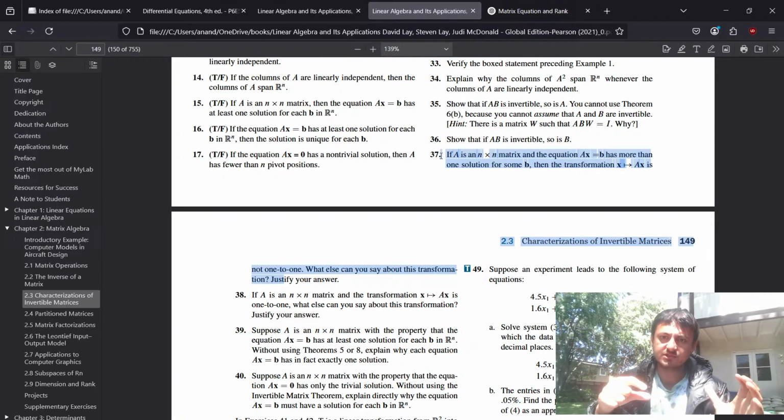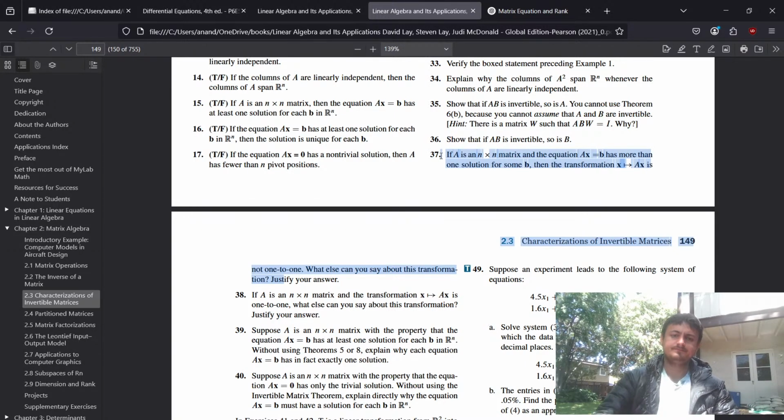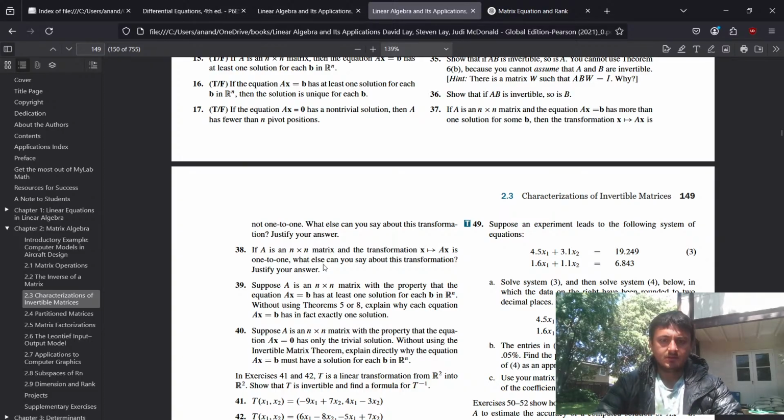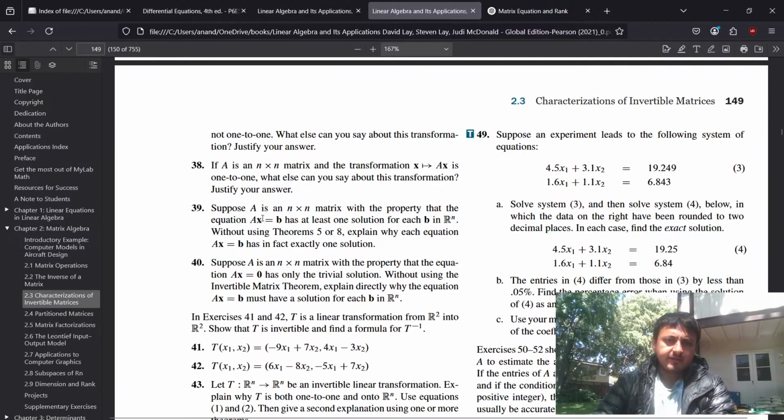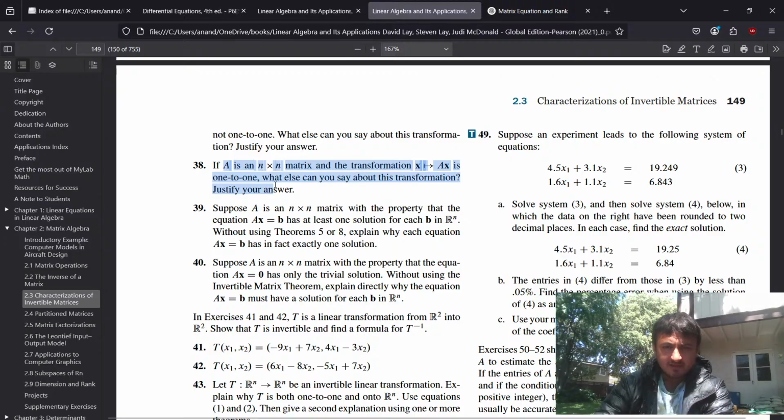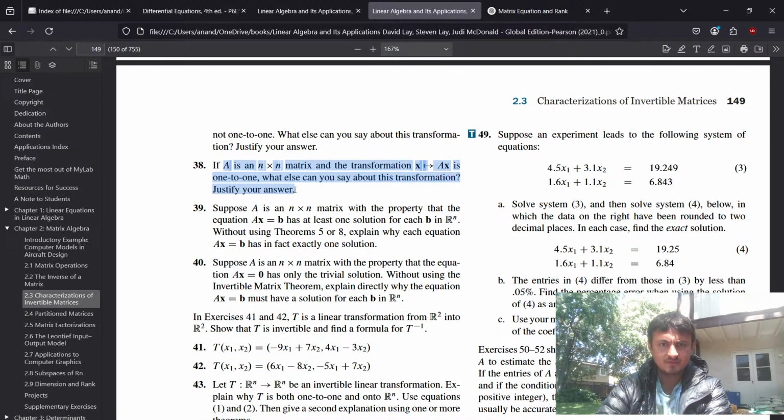So that means you have a non-trivial solution to the homogeneous equation. So that means you have a dependence. That means you don't have n pivots. That means you're not going to span the codomain. These are boring, man. If A is n by n and the matrix is one-to-one, it's invertible. It's literally a direct application of the thing.